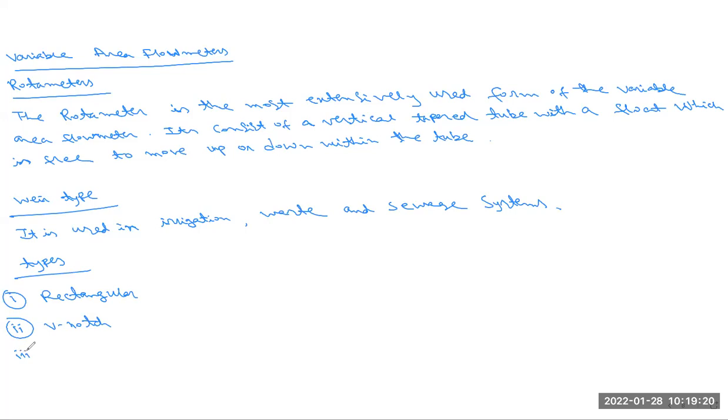And number three is the Cipolletti. These are the different types of weir flow measurement methods we use in process control industries: rectangular, V-notch, and Cipolletti.